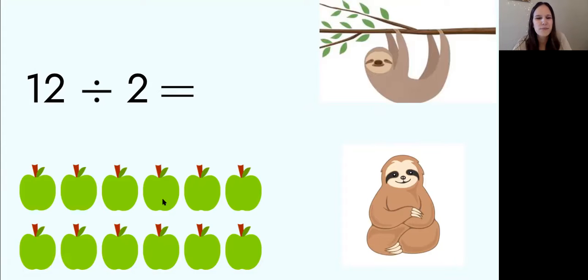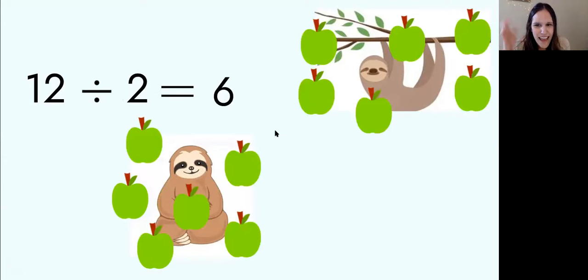They're trying to split the 12 apples up into 2 equal groups so that they'll each end up with the same number of apples. And ding, ding, ding, they were able to do it by splitting the 12 apples into 2 equal groups of 6. So 12 divided into 2 equal groups gives us 6 per group.